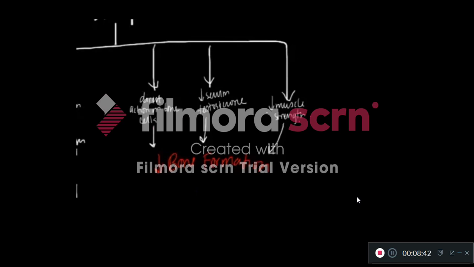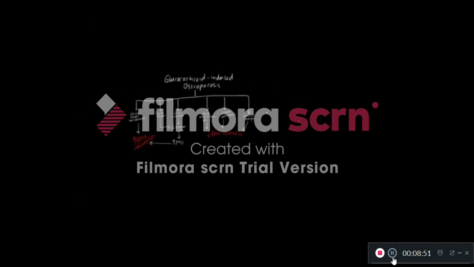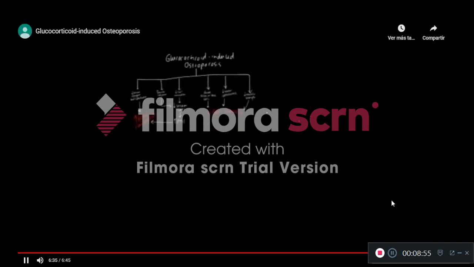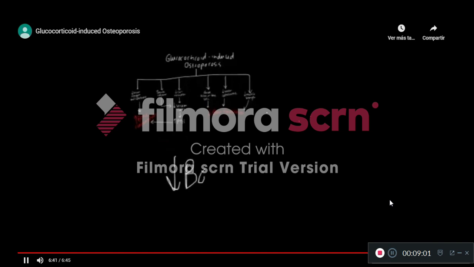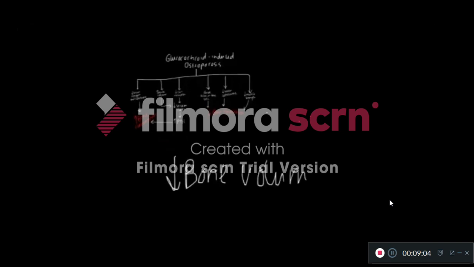You have a decrease in serum testosterone as a result of glucocorticoids and a decrease in muscle strength, all things that decrease that bone formation. And if we look at the big picture really quick, the increase in bone reabsorption and the decrease in bone formation is going to ultimately mean a decrease in bone volume, aka osteoporosis.